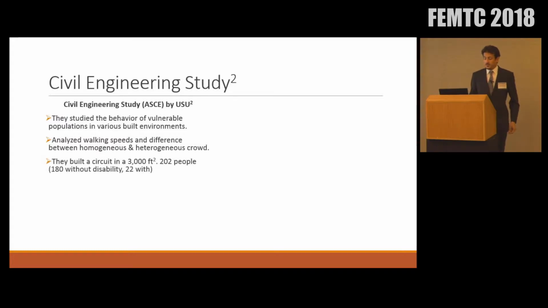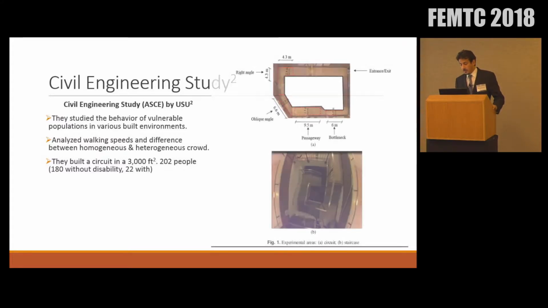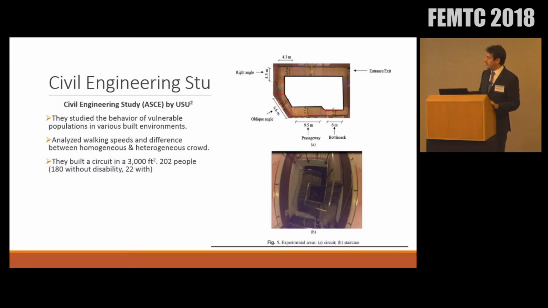They built a circuit of 3,000 square feet and tested 202 people. 22 of them were disabled and 180 were non-disabled. Here are some examples of the experimental areas they used. They tested different geometry effects: right angle, passageway, bottleneck, and any angle of the corridor.